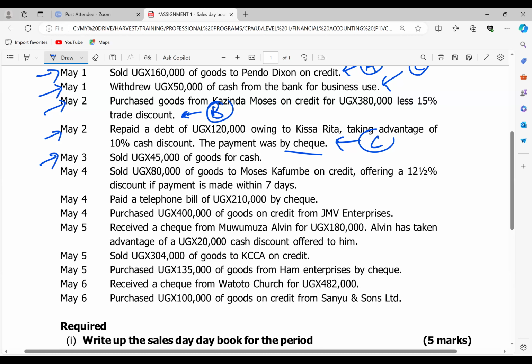I think it would be the cash book. Okay. Thank you so much. Yes, we can see it is a sale, but the sale is on cash, because you can have a cash sale and you can also have a credit sale. So since we have sold on cash, our correct entry is going to be C.